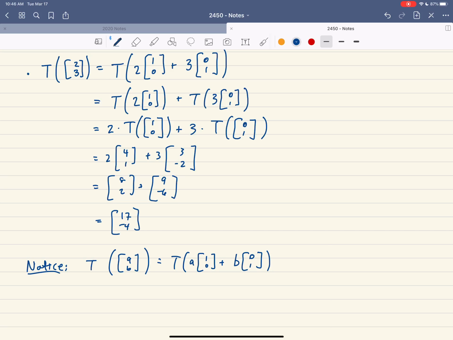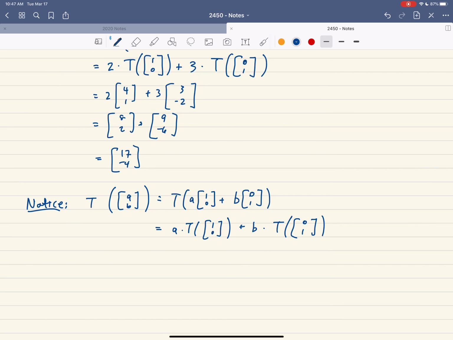And so next, we're going to apply linearity. We're just going to do it all in one step, by homogeneity and by additivity. We can write this as a times T of (1, 0) plus b times T of (0, 1). And we know T of (1, 0) is going to be (4, 1), and we know that T of (0, 1), we saw that was (3, -2).